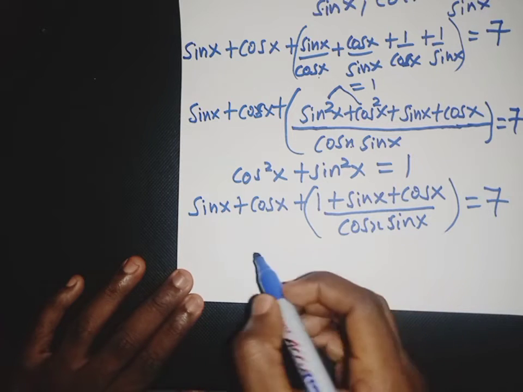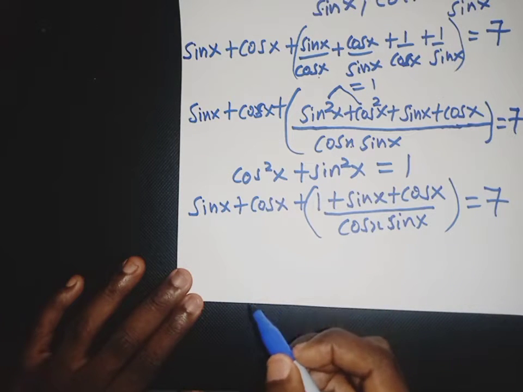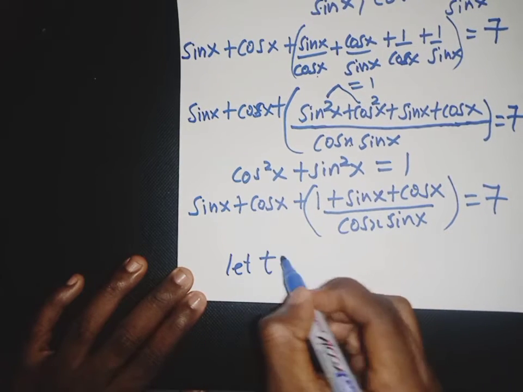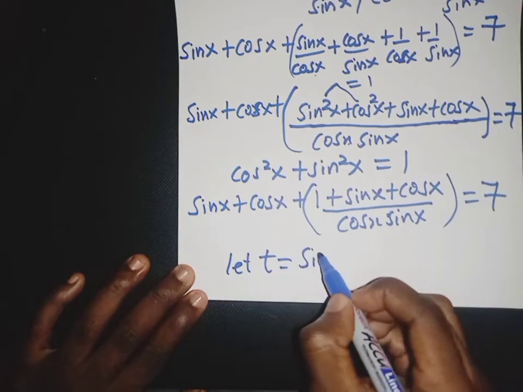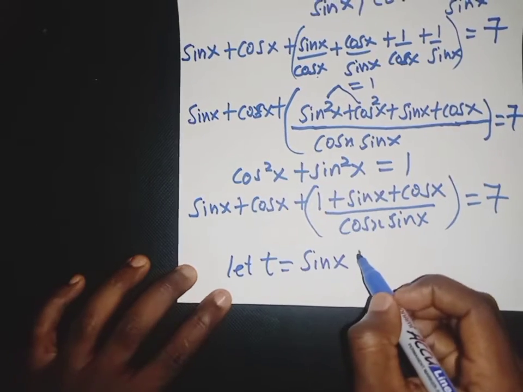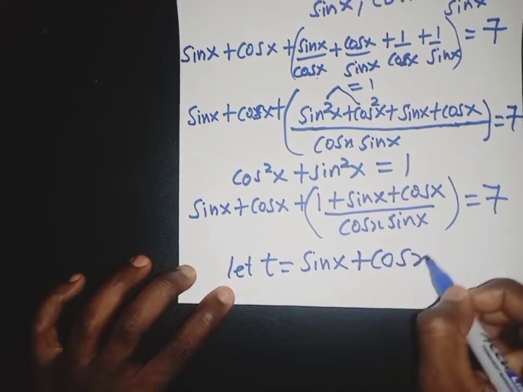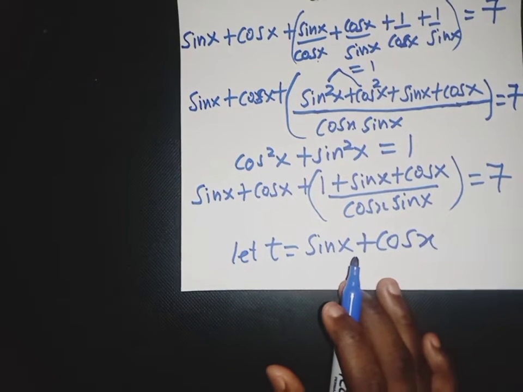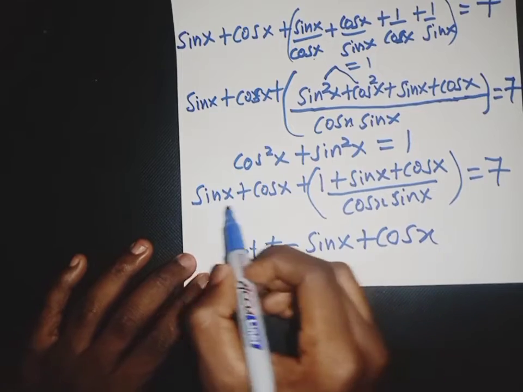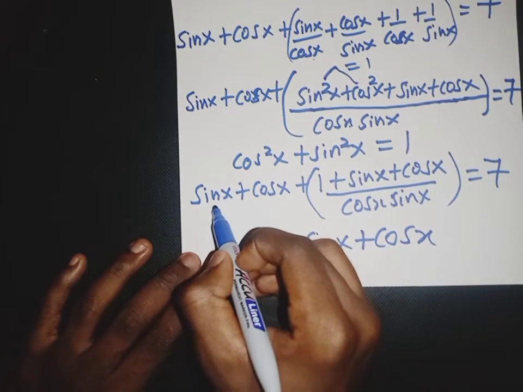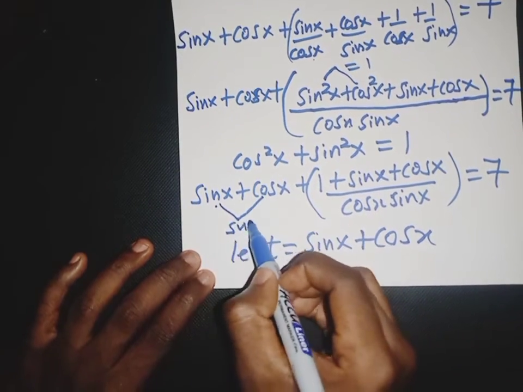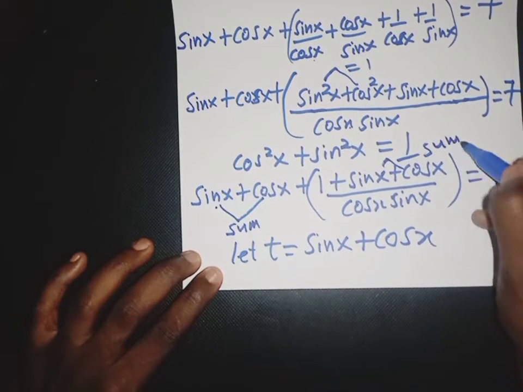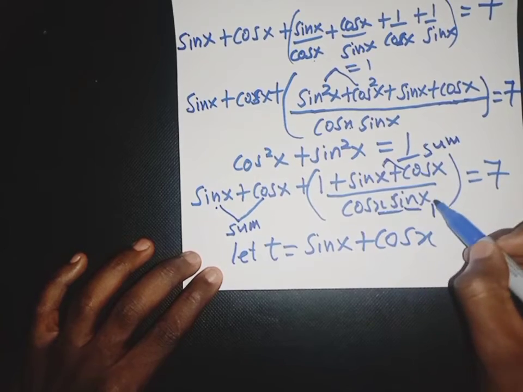Let's say t equals sine x plus cos x. Then what we have over here is a sum, and we have another sum here, but then we have a product over here.